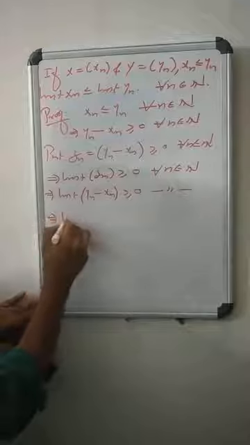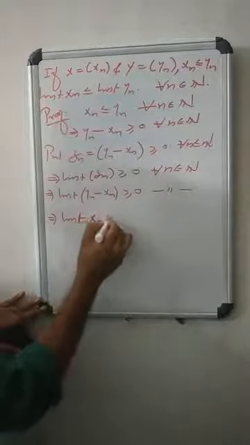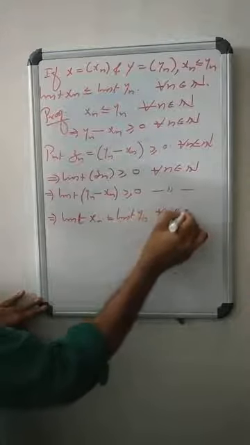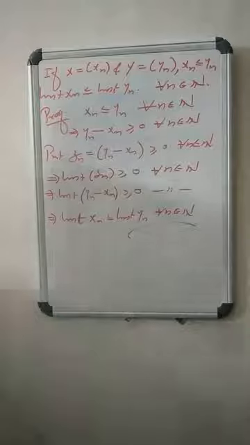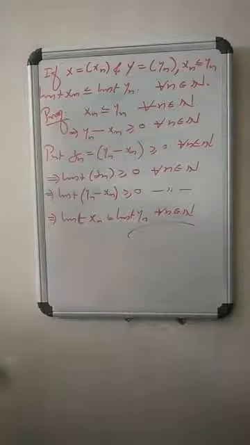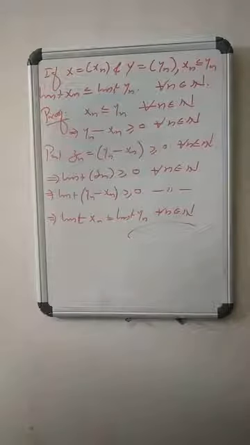That means limit yn is greater than or equal to limit xn, that is, limit xn is less than or equal to limit yn. This is the requirement. So when xn and yn are sequences of reals with xn less than or equal to yn, then limit xn is less than or equal to limit yn. Enough.